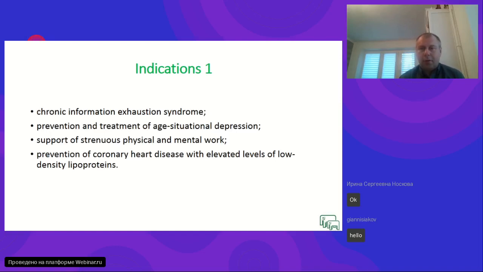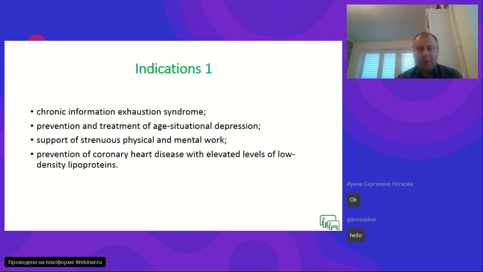This is a picture of fruits of guarana, and indications for usage of cerebrastin as a fortification of a modern proper diet are chronic inflammation exhaustion syndrome, because everybody now is under the influence of different electronic devices, and the complication of constant usage of these electronic devices is chronic exhaustion syndrome.